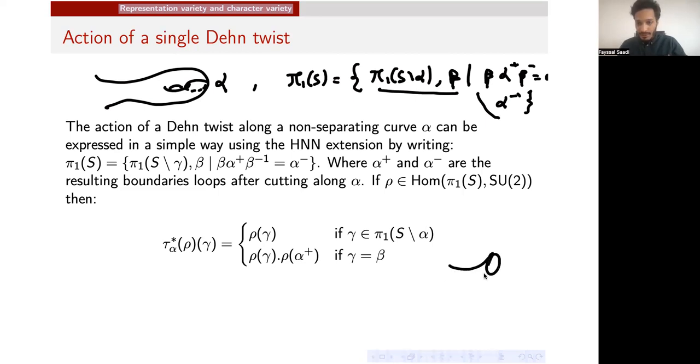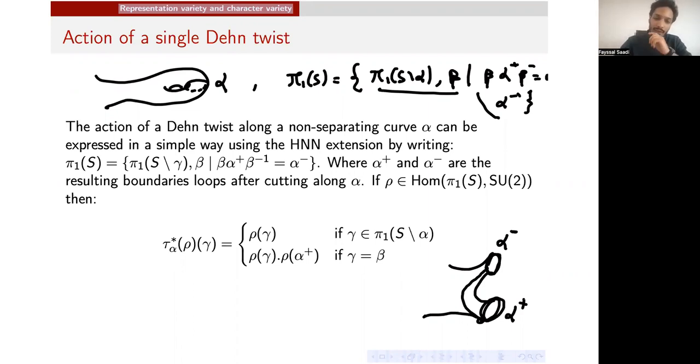Alpha plus and alpha minus are the two curves after cutting. You can see this one as alpha plus, and this curve as alpha minus. So after writing the pi1 in this way, you can see that the Dehn twist action on the pi1 is just a multiplication by alpha plus.